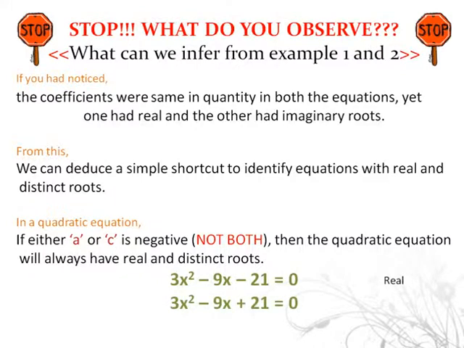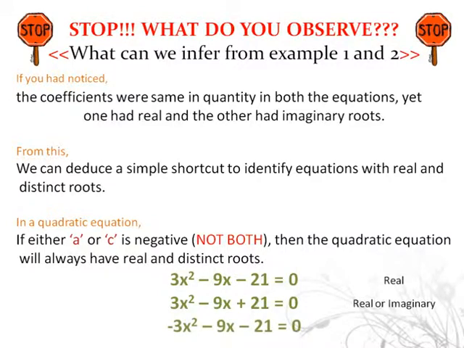Whereas in our second example, 3x square minus 9x plus 21 equal to 0, both the constant and the coefficient of x square are not negative. Neither of them is negative. So, do we say that this has imaginary roots? Well, not exactly. Such an equation can have real or imaginary roots. You have to solve for such problems.